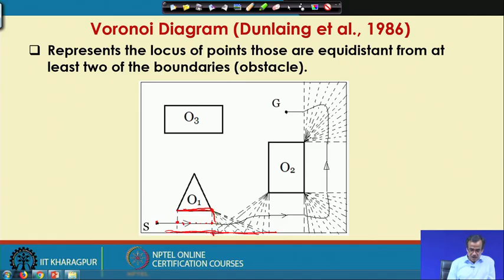Similarly, we consider a few more distances from this point, and we try to find out what the midpoint should be and what the locus of the midpoint should be. For example, on this straight line the midpoint could be here, here, here, and here.